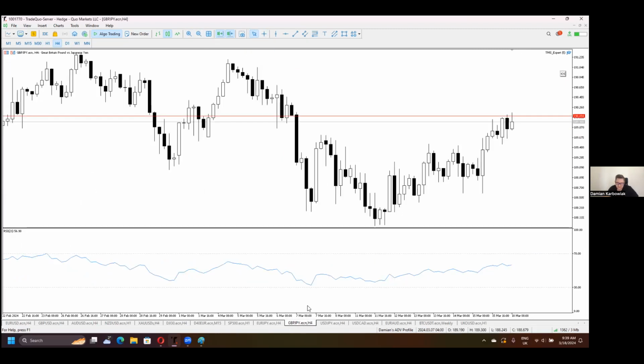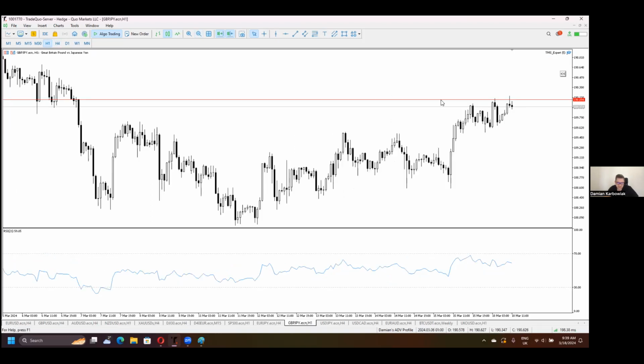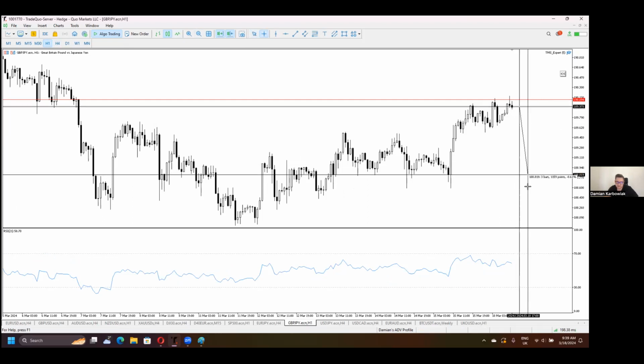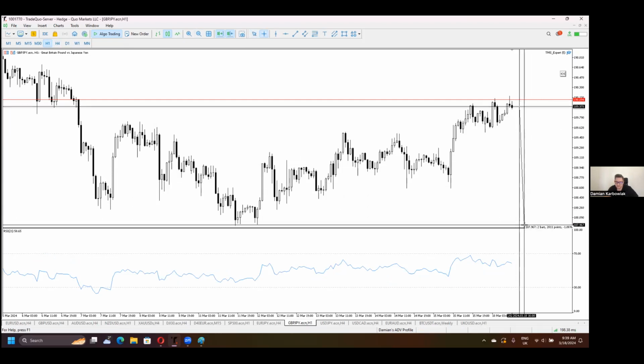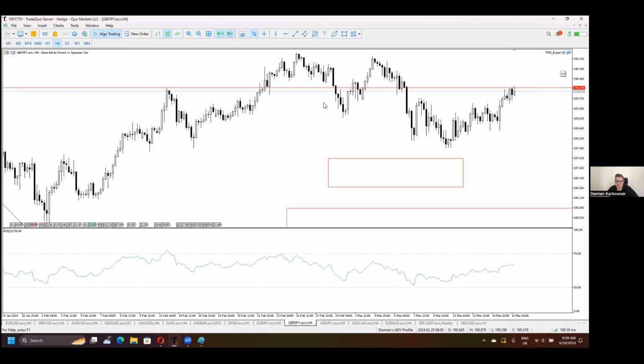In this case, if you focus on H1 only, then definitely GBP JPY looks better, just because the risk is smaller and the expectation is pretty much the same, above 200 pips. So after that, the choice is yours.